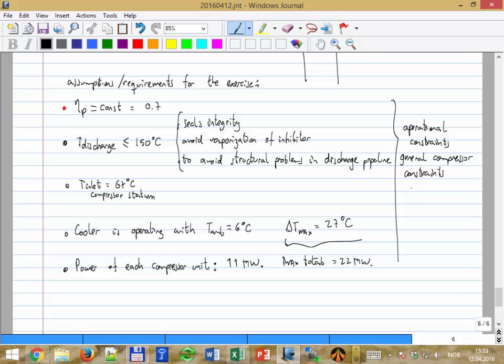But later we're also going to have specific compressor constraints, with the performance curve.